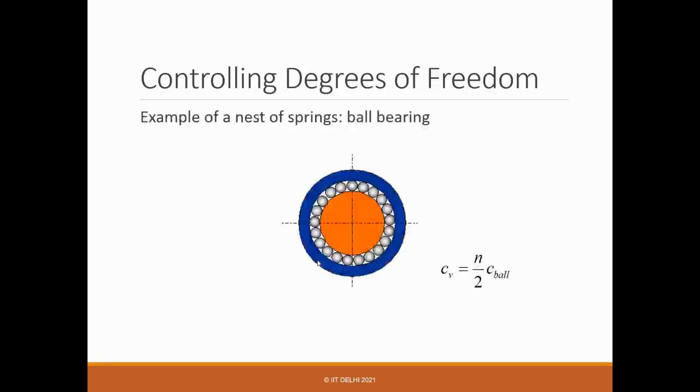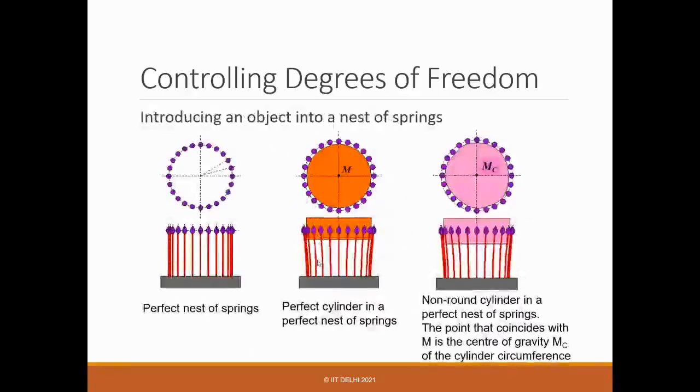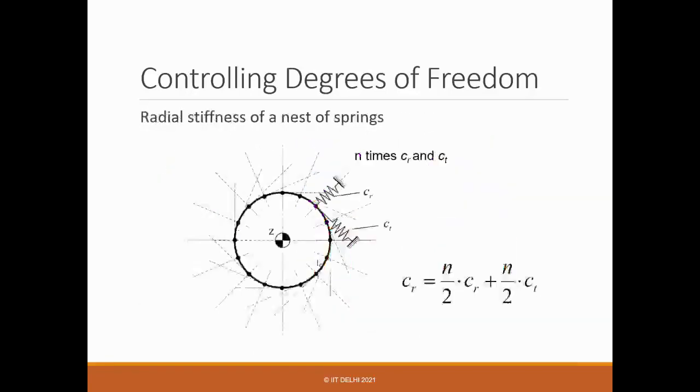But even the ball bearing or the spokes of your cycle, you can do all the calculation. Good thing is individually they are not very stiff, but altogether they can provide very large stiffness. And this concept can be used to handle optics, optic surfaces where you don't want to touch the surface somewhere in between.